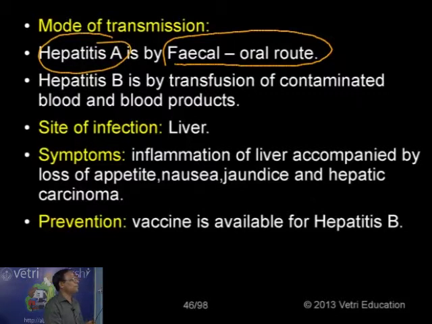For hepatitis B, it is by transfusion of contaminated blood and blood products. This is what is called the parenteral route. This method of entering of the pathogen into the body through contaminated blood, or the transfusion of blood and blood products, is called parenteral.